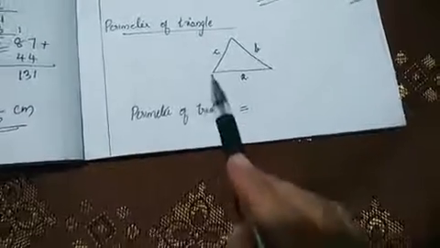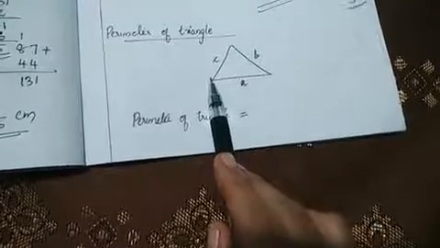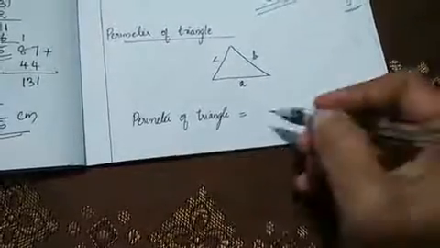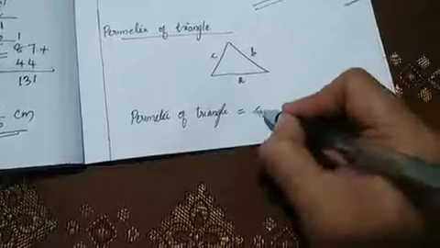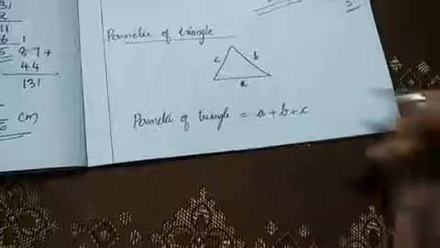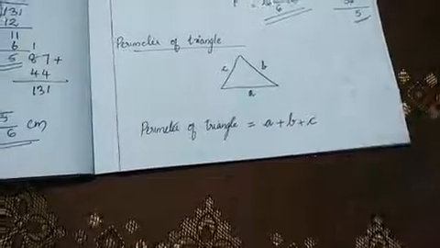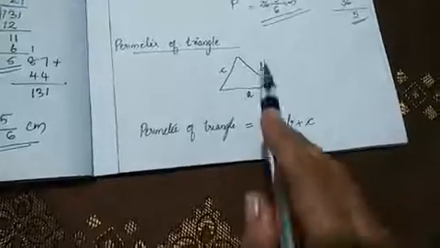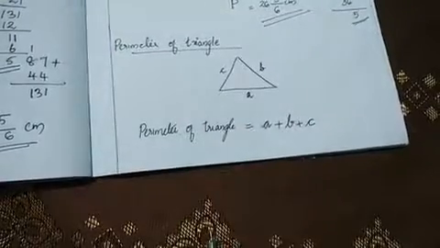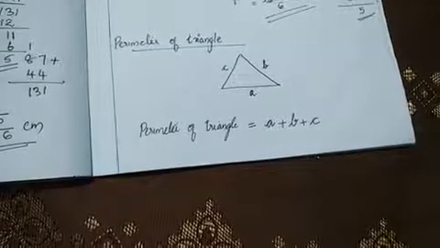So here the boundaries are A, B, C. Okay, so we can write the perimeter of a triangle as A plus B plus C. It can be different numbers, 5 plus 3 plus 2. Okay, like that we can find the perimeter of triangle.